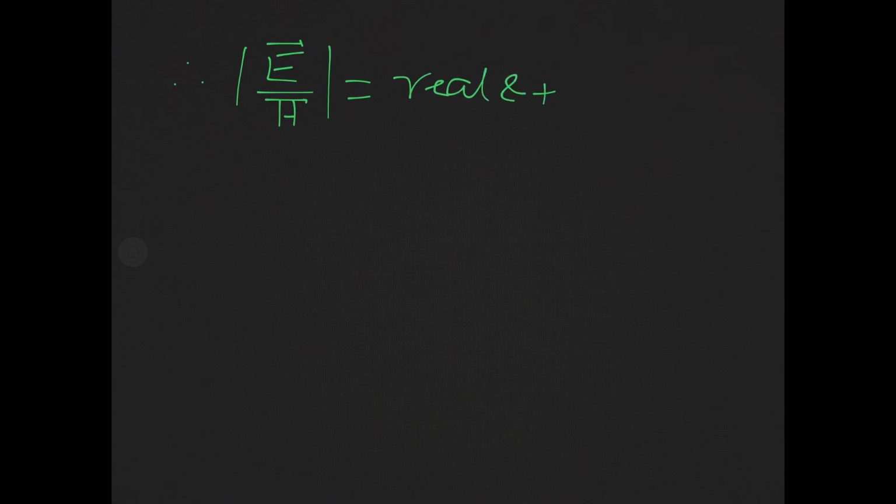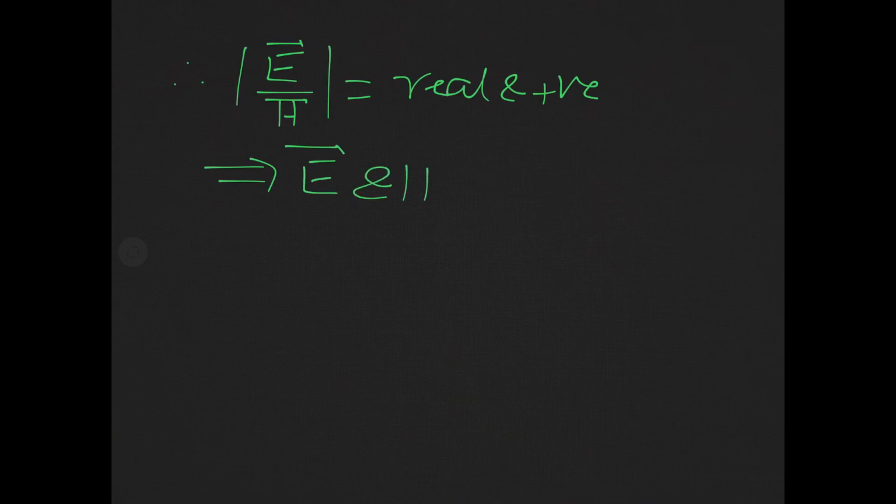So this result implies that the ratio of the modulus of E and H is real and positive. Therefore, we conclude the ratio of mod of E by H is real and positive. And if it is real and positive, what does it imply?